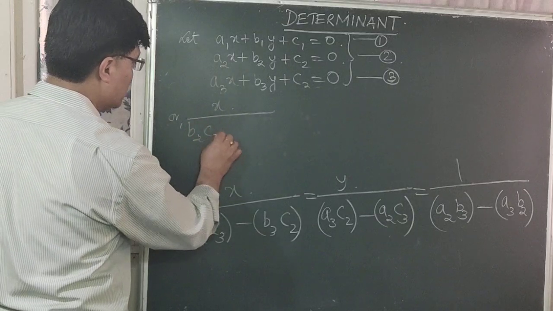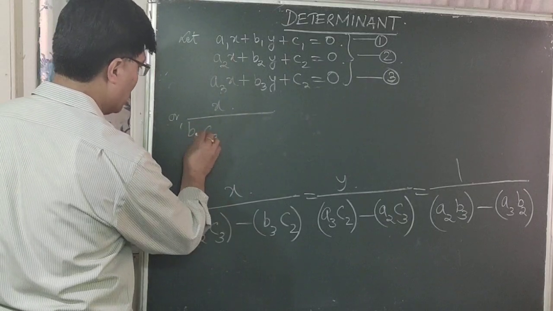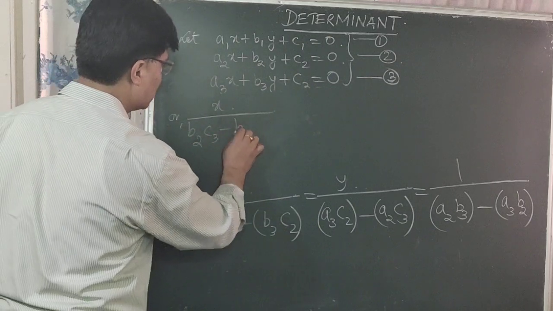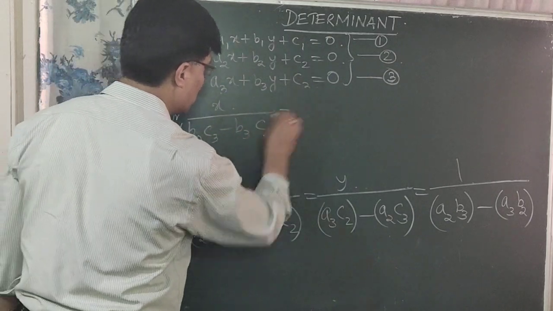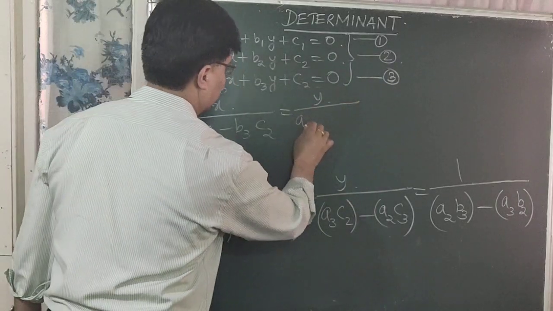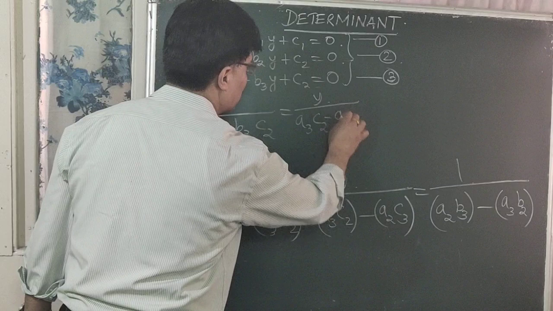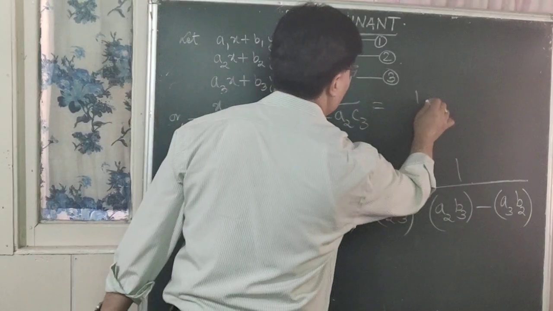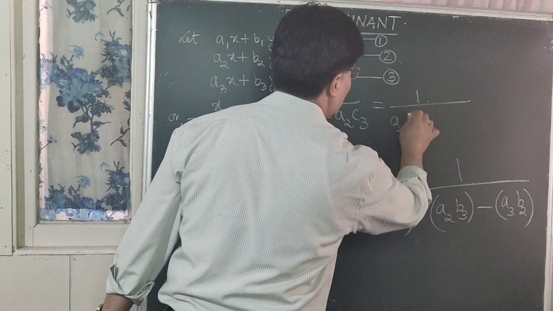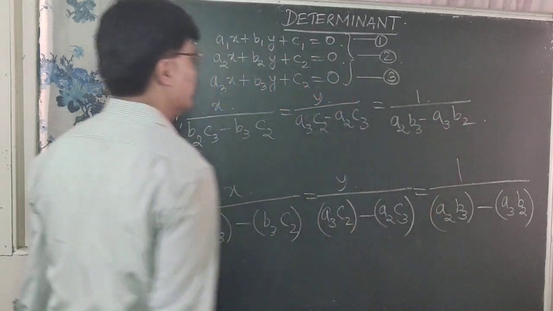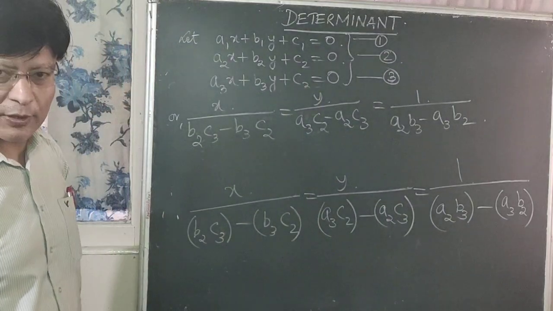This is B2C3 minus B3C2 is equal to y upon A3C2 minus A2C3 is equal to 1 upon A2B3 minus A3B2. Okay, is it clear to all of you?